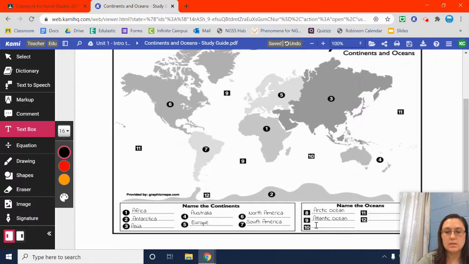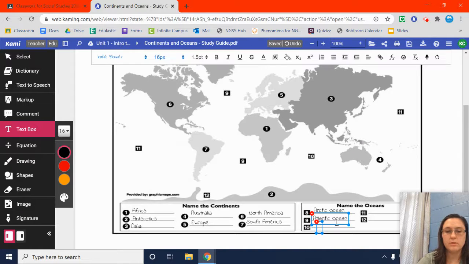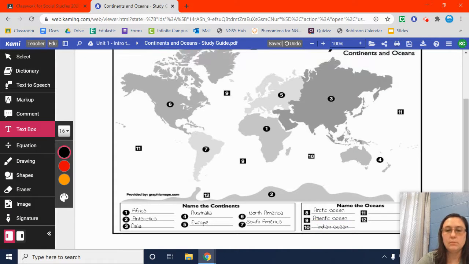Number 10 is here. This is called the Indian Ocean. Number 11 is here and here. So it's not 2 different oceans. It stretches because this is a map, right? It's flat. It should be like the globe that's circular, so this would go all the way around. That is on the side of California.